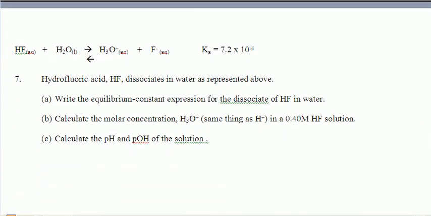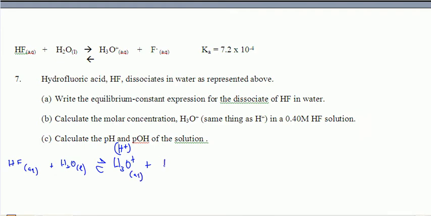Problem 7. I'm going to do my ICE chart. HF aqueous plus H2O liquid goes to H3O plus, which is the same thing as H plus. Sometimes H3O plus is another way of writing H plus and H2O mixed together.